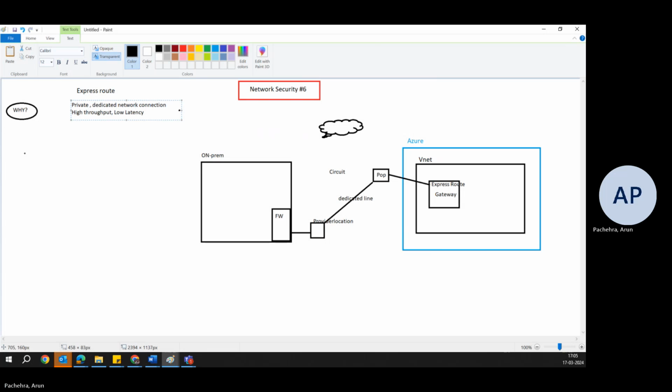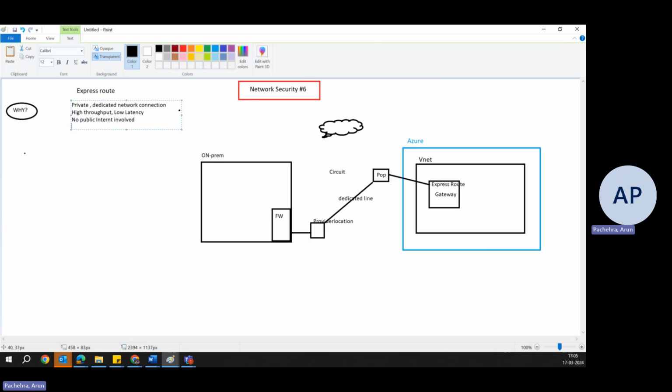Cool. Very nice. And because it's a dedicated line, it's your line, it has nothing to do with the internet, no public internet involved. Why am I writing this? Because from the security perspective, it is a wonderful thing if we do not have the internet involved in the communication.